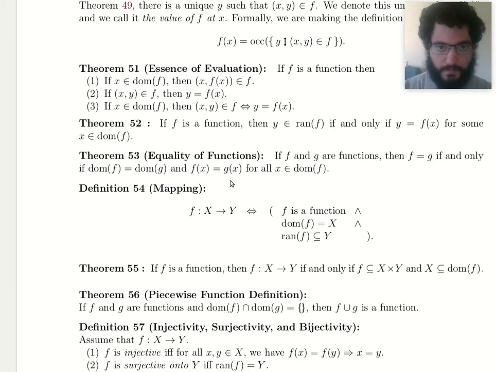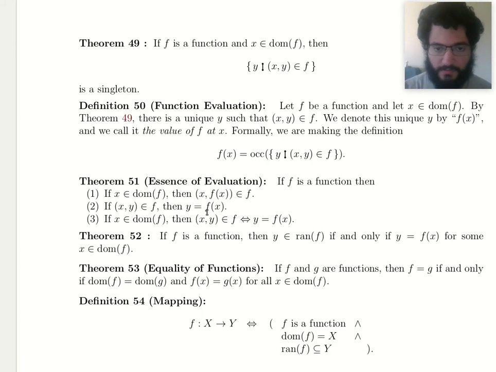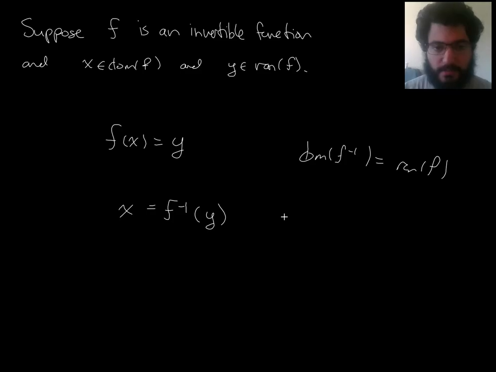So up here, Theorem 51: if you want to say that one thing is f of another thing, then as long as you're looking at a function, that's just the same as saying that a certain pair is a member of that function. So down here, this is equivalent to saying that the pair y comma x, right, input then output, is in there.